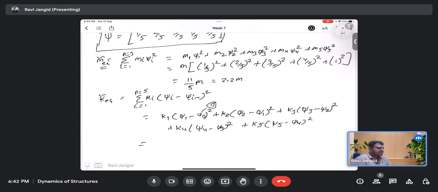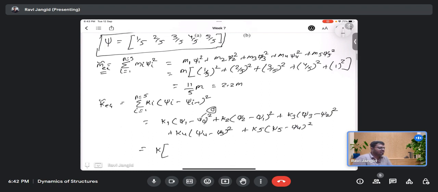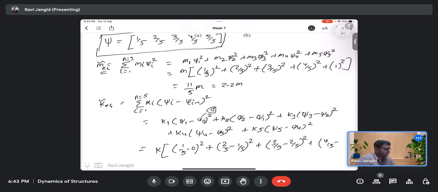As k1, k2, k3, k4 are the same, I'm taking it outside. So phi 1 is how much? Phi 1 is 1 by 5. So that is 1 by 5 minus 0 square, 2 by 5 minus 1 by 5 square, 3 by 5 minus 2 by 5 square, 4 by 5 minus 3 by 5 square, and 5 by 5 minus 4 by 5 square.